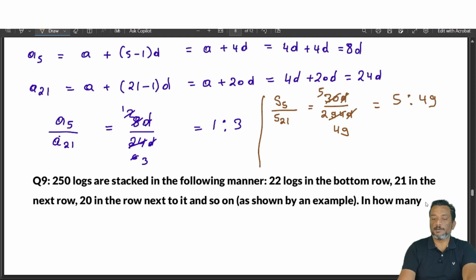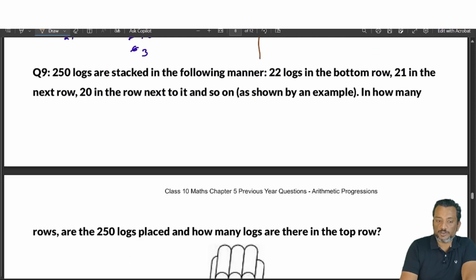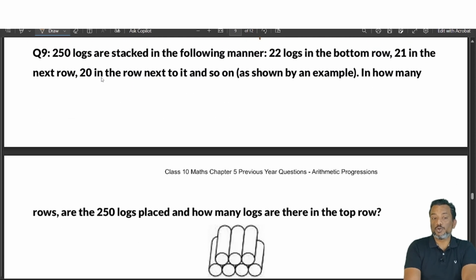Okay, it's clear. Now, coming to the next question, it is saying 250 logs are stacked in the following manner: 22 logs in the bottom row, 21 logs in the next.